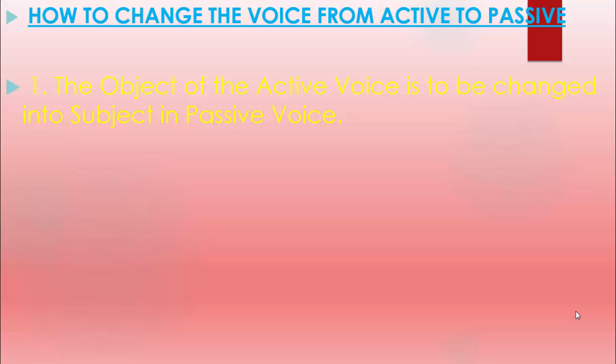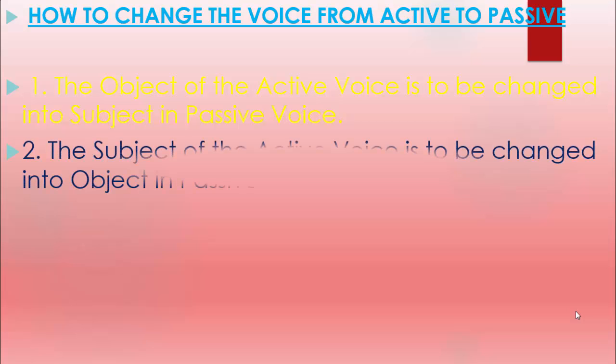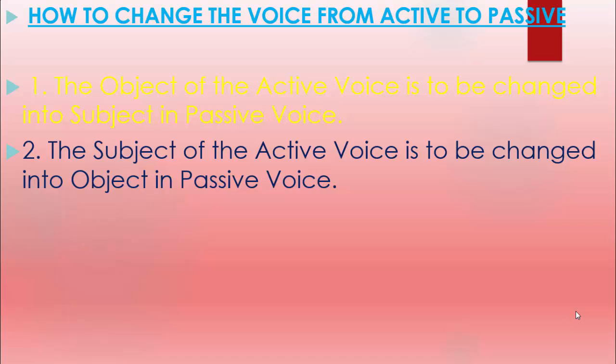Means, friends, the object becomes subject. The second rule is that the subject of the active voice is to be changed into object in passive voice. Means, the subject becomes object.